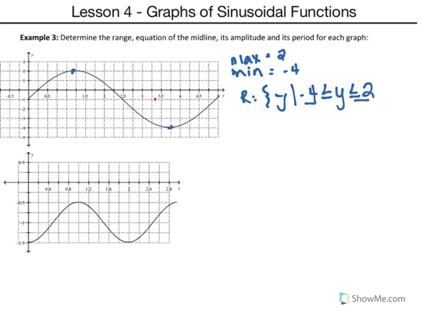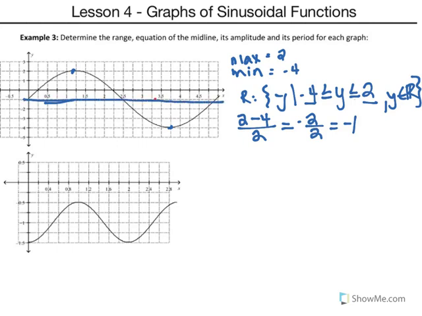Remember, 2 blanks, 1 for your small number, 1 for your big number. Y is an element of the real numbers. Now we're going to find our midline. So we're going to take 2 minus 4, divide by 2, which is -2/2, which is -1, which as you draw it in, it does look like it's in the middle.